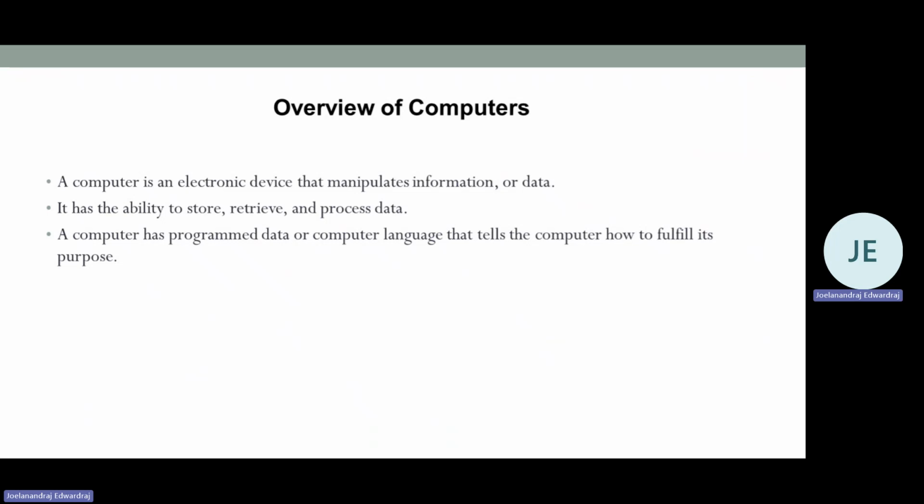That's what computing involves. This computer, as we all know, is an electronic device that can manipulate information or data. It has the ability to store data, retrieve data and process data. It is controlled through a programming language, which tells the computer through a program what it has to do and what it should not do.